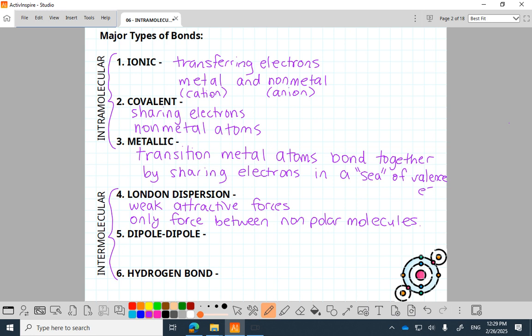So I'm just going to skip to hydrogen for a second, because maybe if you took 11U Bio, you talked about these. So hydrogen bonding is the strongest intermolecular force. And the good news is a little bit of the clue is in the name. You need a hydrogen atom.